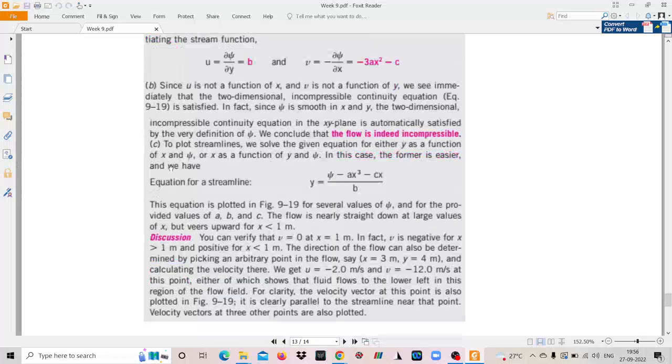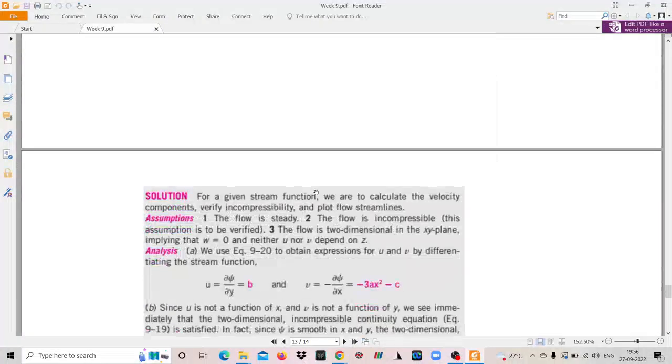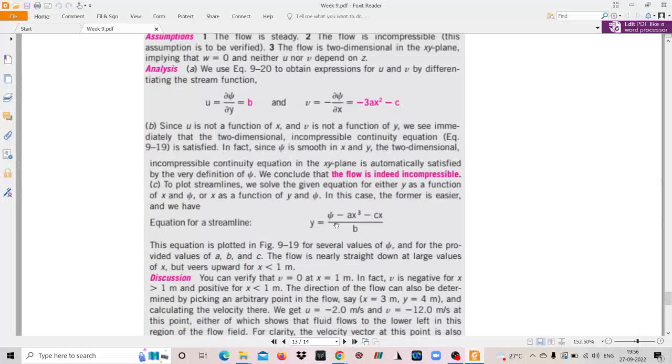Next, in order to plot the streamline, we solve the given equation either for y or for x. Looking at the expression, x is raised to the power of 3, so it is easier to write this equation in terms of y. So y is equal to psi minus a x cube minus c x, all divided by b.